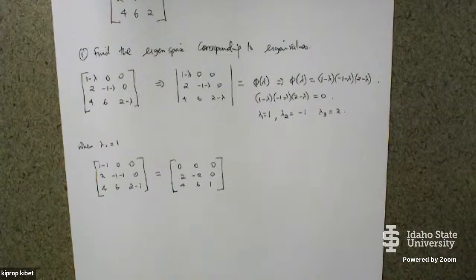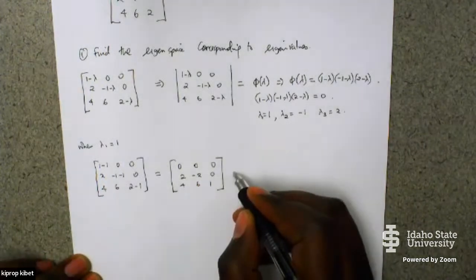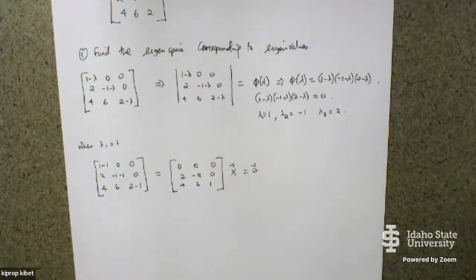From there we want to get the solution to this equal to 0, so we want to reduce this.